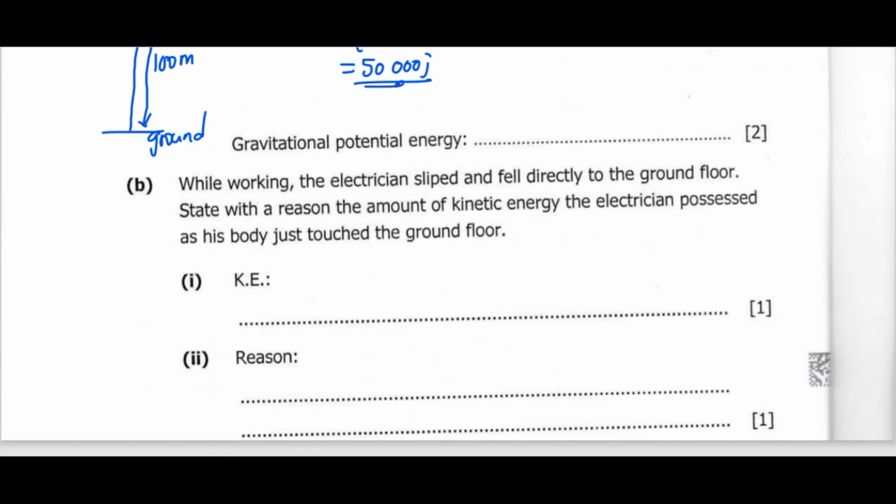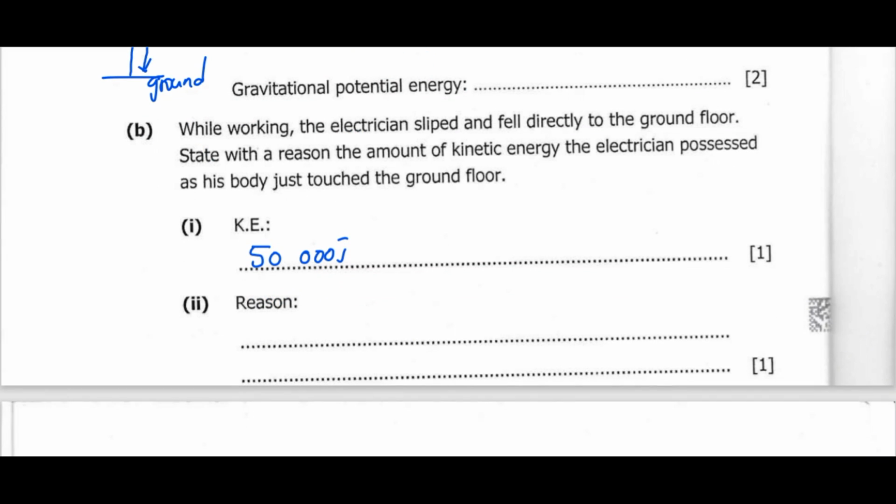Then the question is, while working, the electrician slipped and fell directly to the ground. State with a reason the amount of kinetic energy the electrician possessed as his body just touched the ground. So the kinetic energy is just 50,000 joules. Why? Because as an object is falling down, the potential energy starts to be converted into kinetic energy.